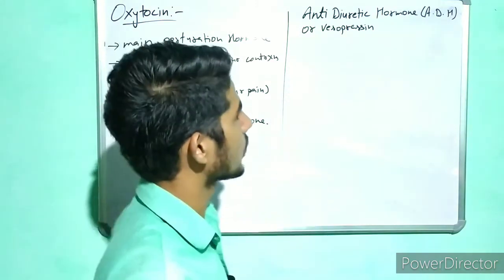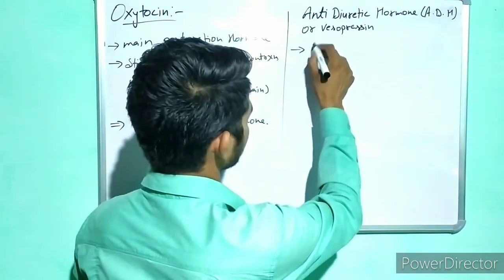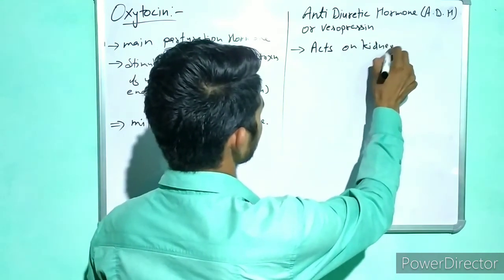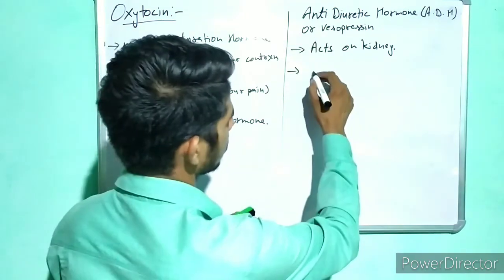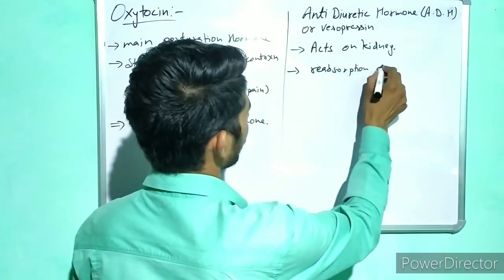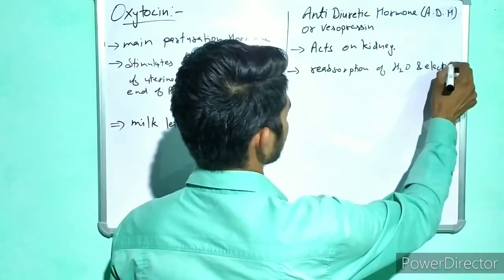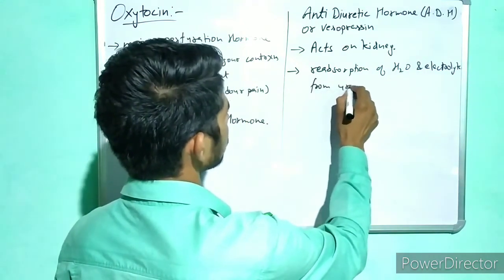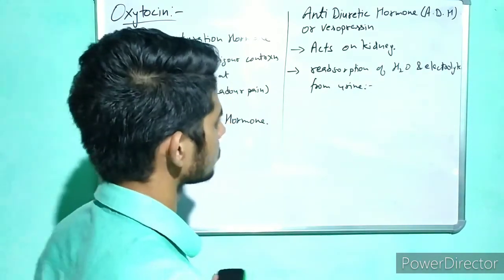And now anti-diuretic hormone or vasopressin. It acts on the kidney. It stimulates the reabsorption of water and electrolytes from urine to reduce the water loss from the body.